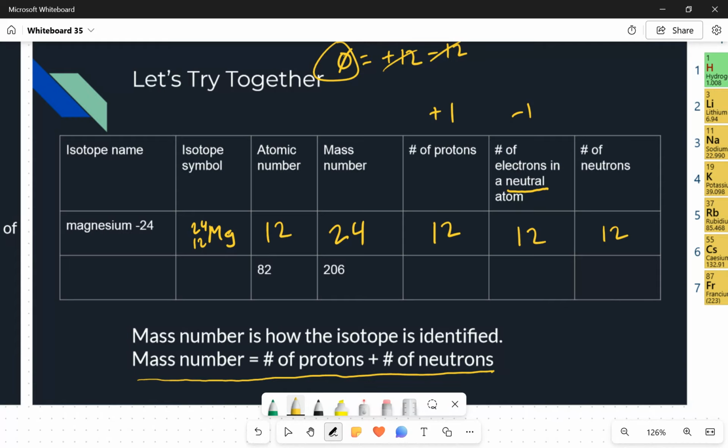Let's work on the next one. The next one, I only have the atomic number and the mass number. So let's try and solve this out. Let's go with what we know right away. Atomic number is 82. That means I've got 82 protons. Because this is a neutral atom, I also have to have 82 electrons.